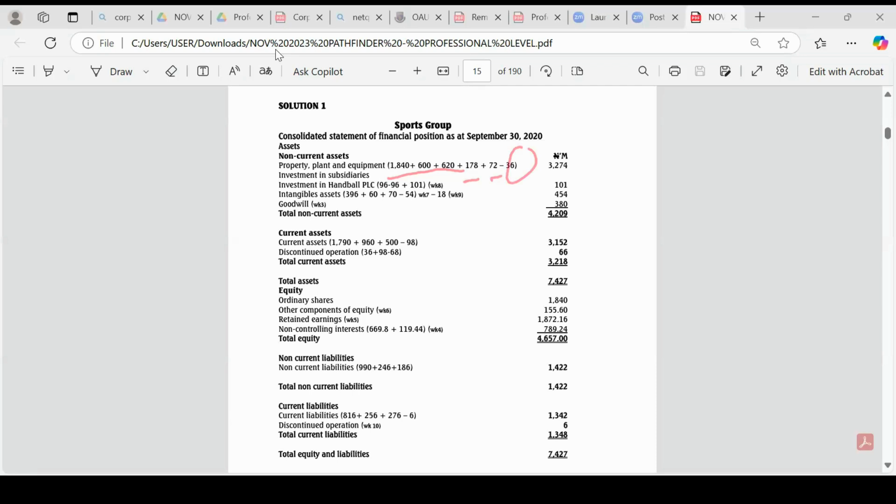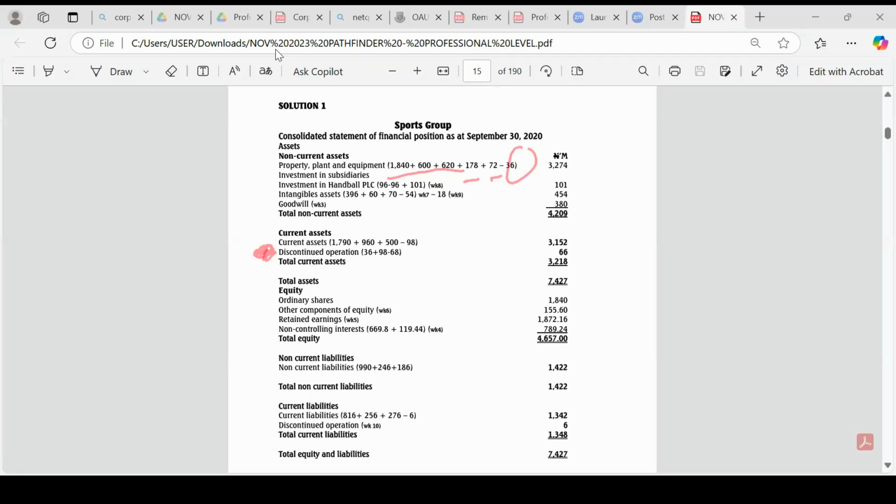I told you that you will take it off there and take it to held for sale. You will see that held for sale here. Discontinued operation is here now, under non-current and under current. I said you will take it away from there and take it to current assets.